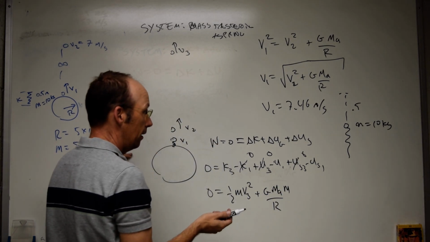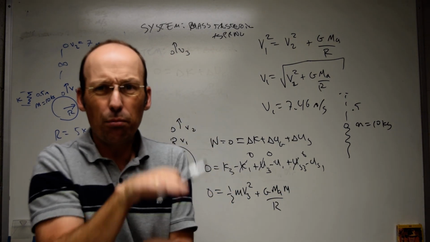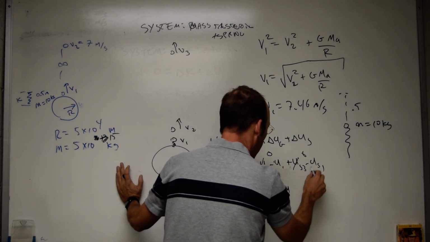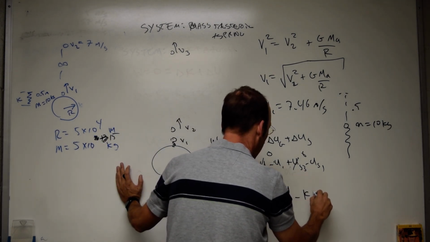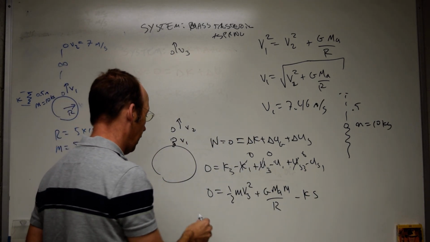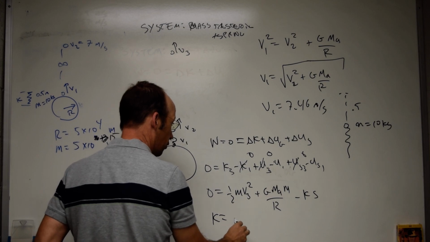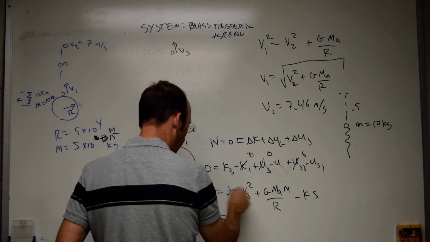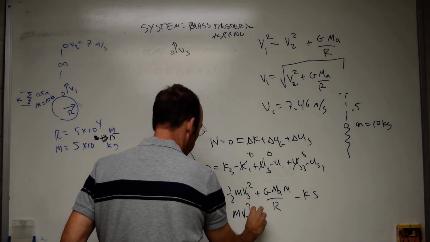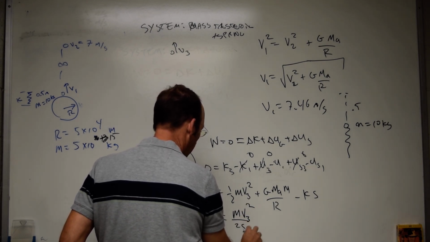I already had that, okay? Now, I have that compression too, but it's so small compared to r, I'm just going to ignore it. And then I have minus Ks squared. And I know s is 0.5 meters, and I want to solve for k.